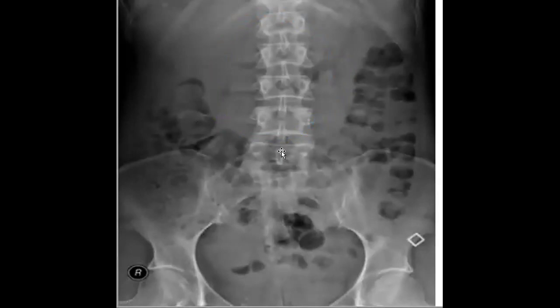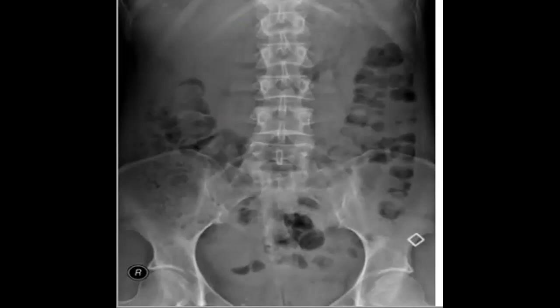To be honest, the transverse colon can be mobile, and the sigmoid too. They are not fixed, so they can be movable. But the issue is that there is something here.